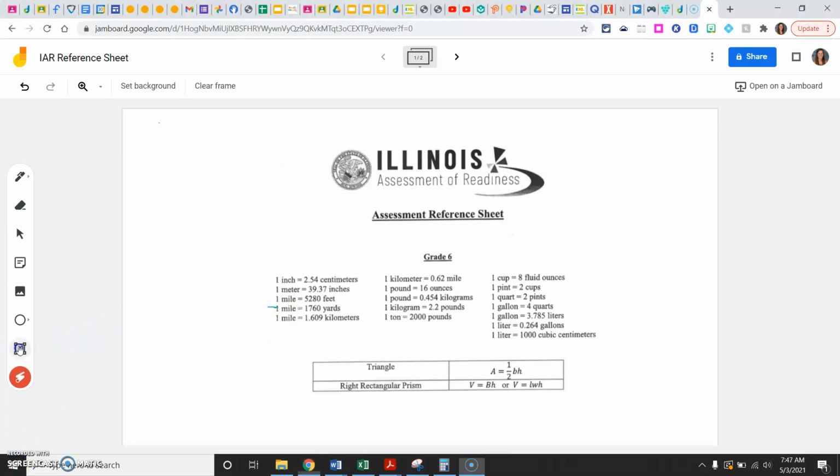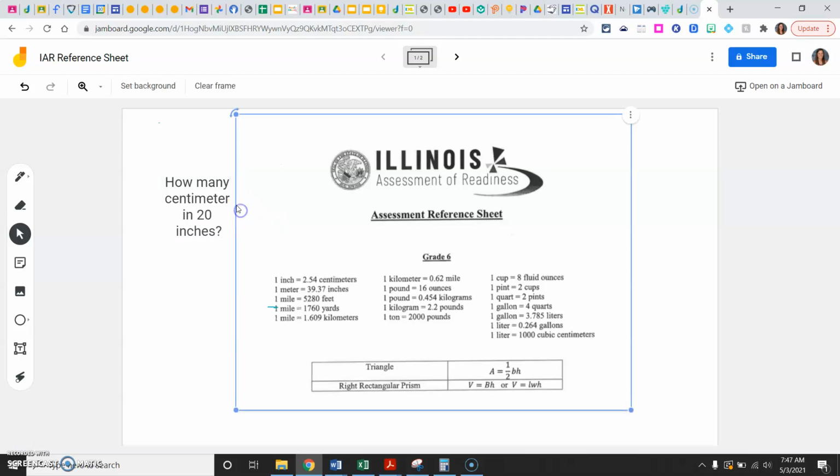When we look at measurement, they might give us a problem where they are asking us how many centimeters in 20 inches.